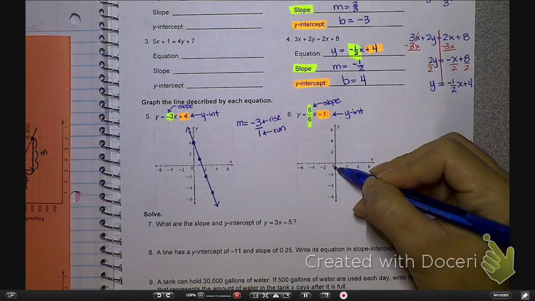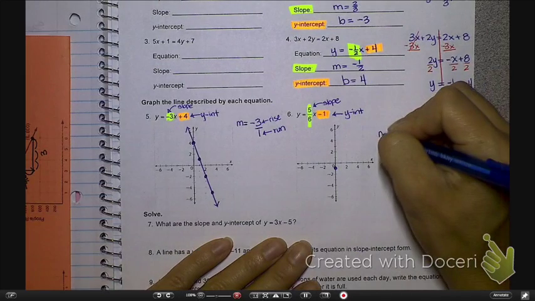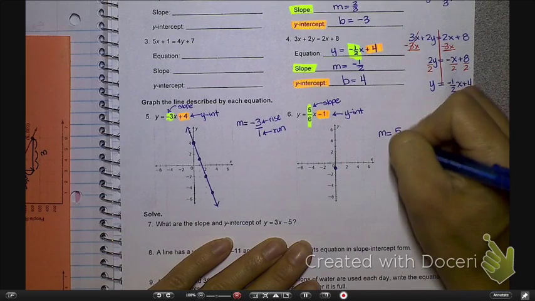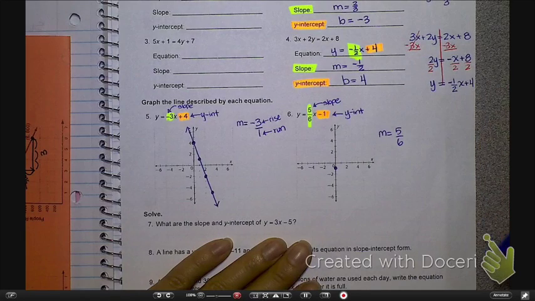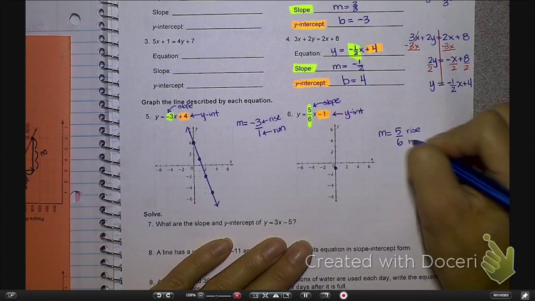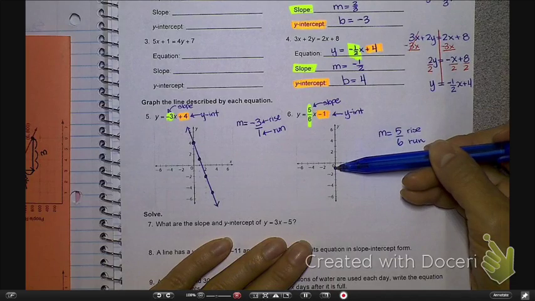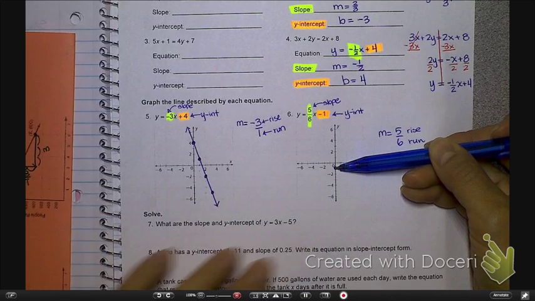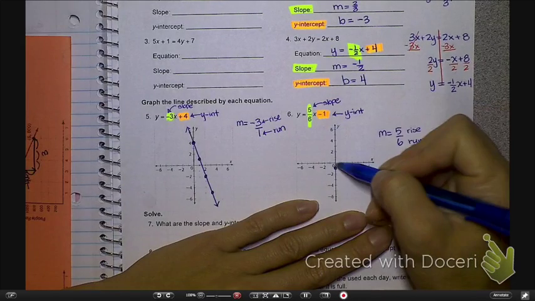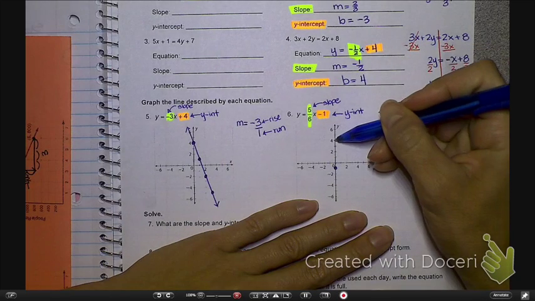Now, keep your pencil on this point. What is your slope telling you to do? Well, let's think about what your slope says. It says +5/6. So this means your rise is 5 and your run is 6, right? So if it's positive, which way do I go? Up or down? Up. So let's go up 1, 2, 3, 4, 5, and then run 6.